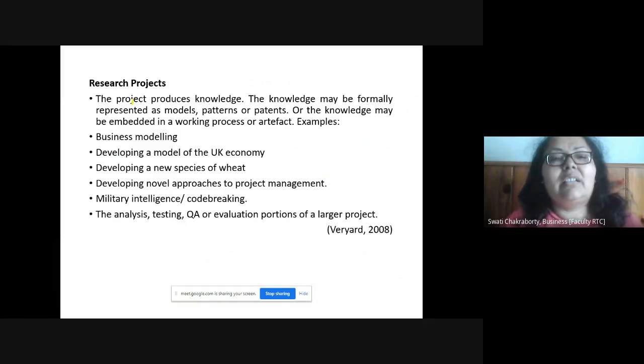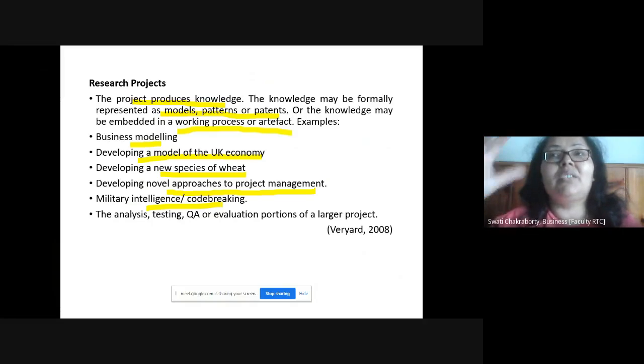Now, research projects help in producing knowledge. It may be done formally through models and patterns, or it could be done through your working process, or by coming up with some artifacts. Say business modeling, for example, developing a model of the UK economy, developing a new species of wheat, developing novel approaches to project management, military intelligence or code breaking.